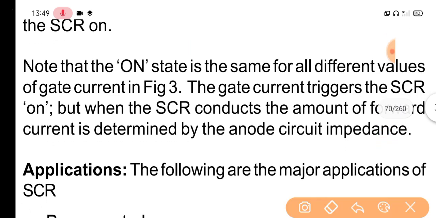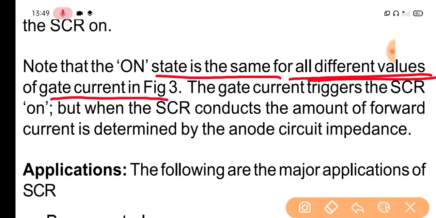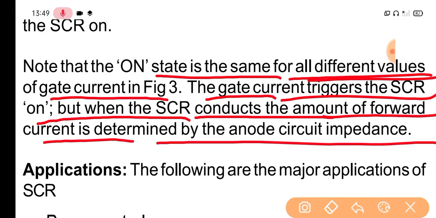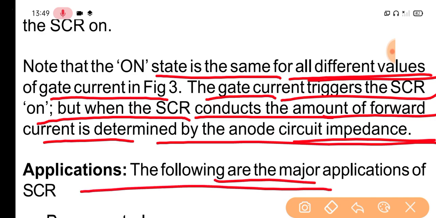Note that the on state is the same for all different values of the gate current, figure 3. The gate current triggers the SCR on, but when the SCR conducts, the amount of forward current is determined by the anode circuit impedance. Application: the following are the major applications of the SCR.